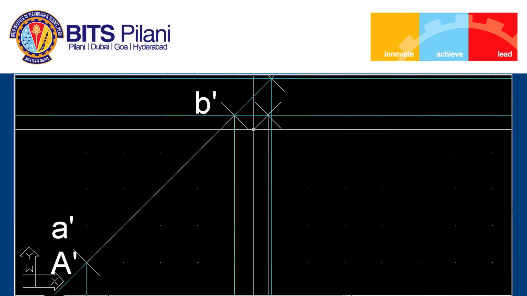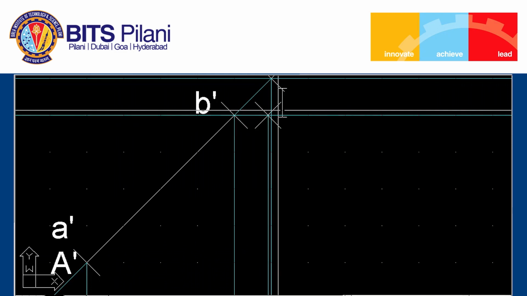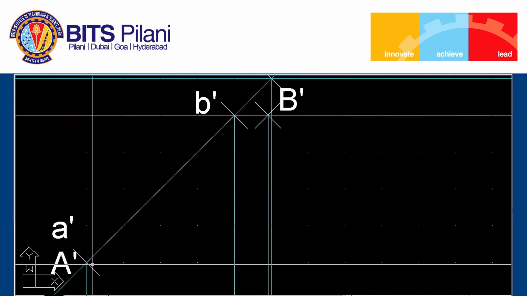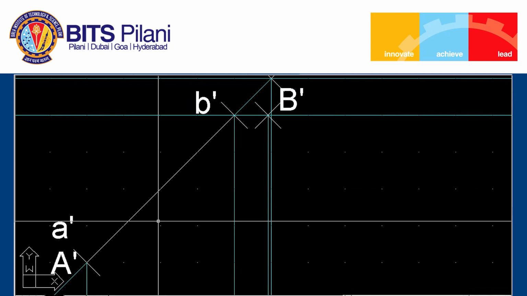So this point is nothing but capital B prime. Join capital A prime B prime, that is nothing but the true length.